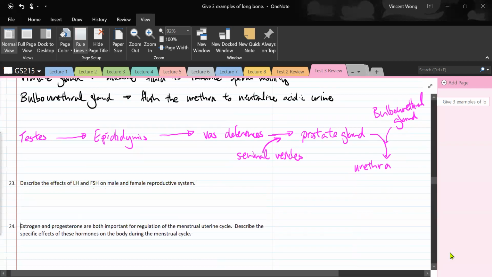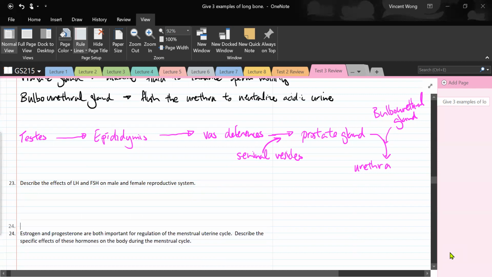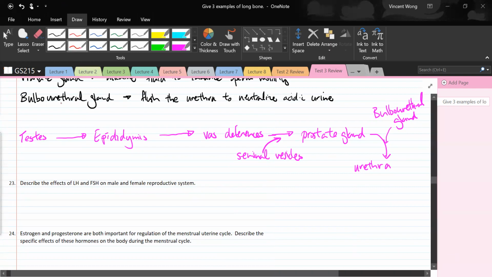Our next part here, 23. Describe the effects of LH and FSH on the male and female reproductive system. LH for female, I mean, we did a hormone chart on this, right? But basically, for LH, it is going to trigger ovulation, and ultimately increase progesterone.